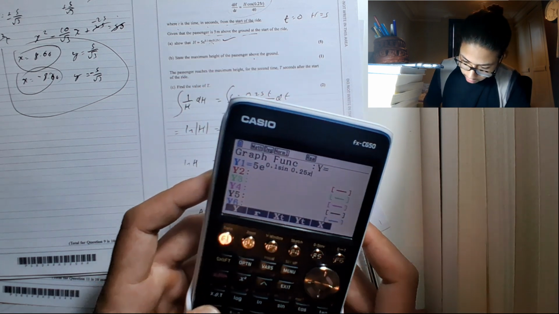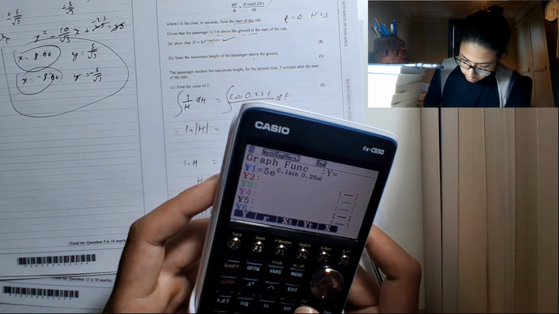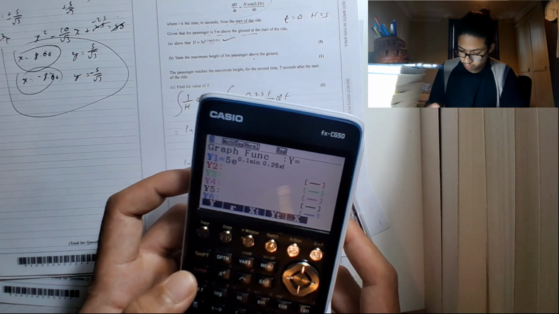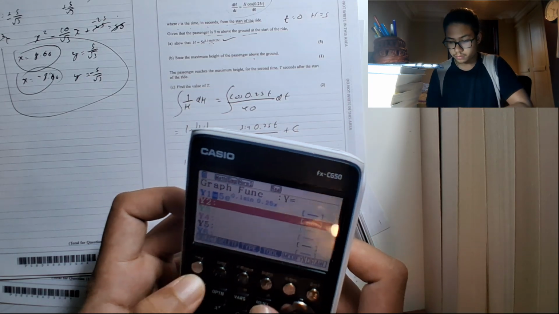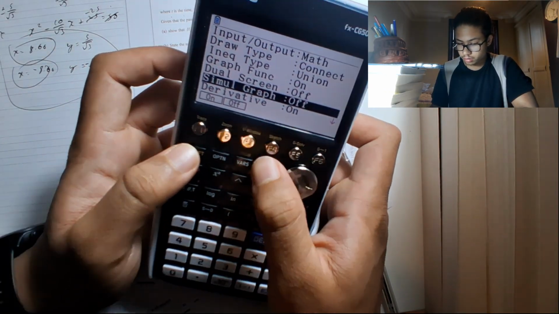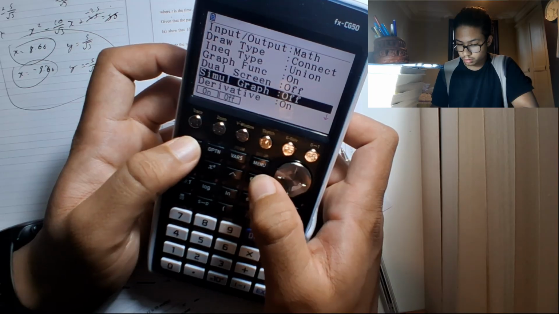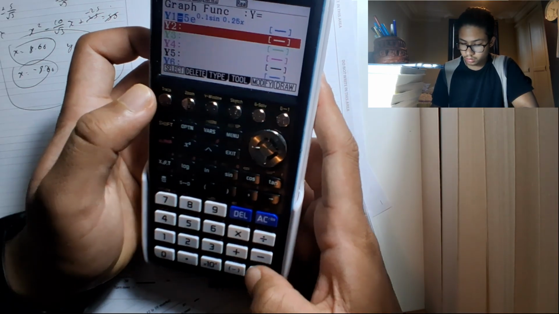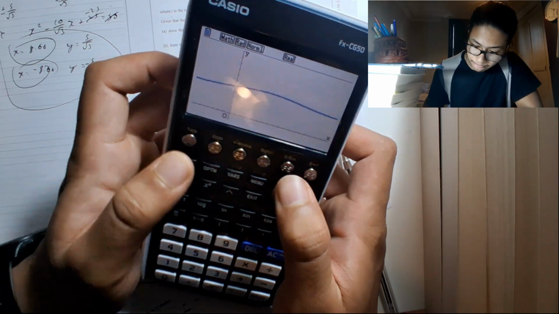It's probably going to be in radians, so I'm going to have to convert back. Set up, where is it? Menu? Oh, here. Radians.